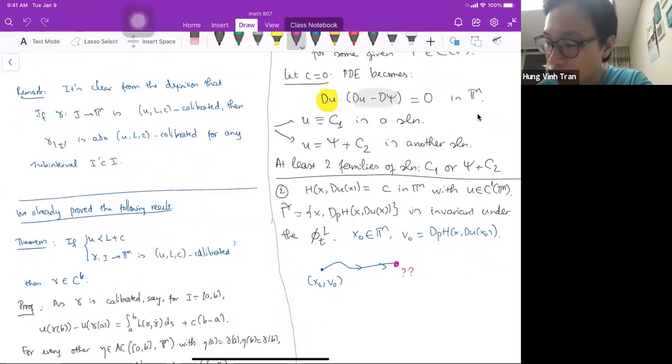So we need to consider the ODE that I wrote down last time: gamma prime of t equals D_pH(gamma(t), Du(gamma(t))), with gamma(0) = x0. We need to consider this ODE first-hand, so that we know the other endpoint, which is going to be gamma(t), gamma prime(t).